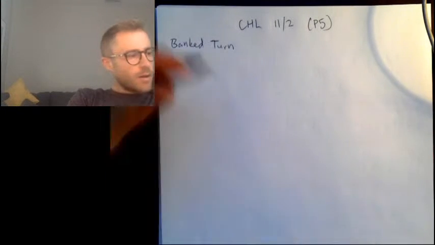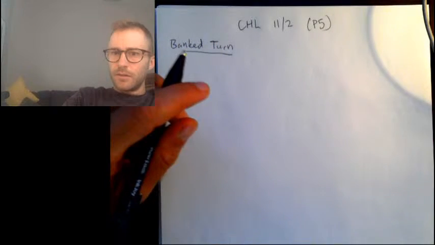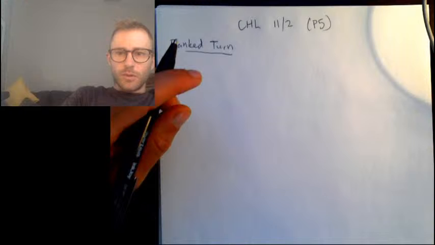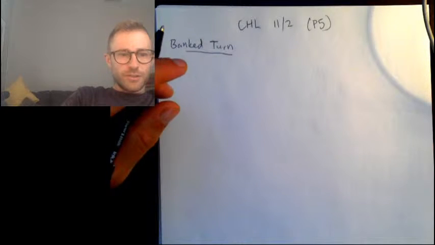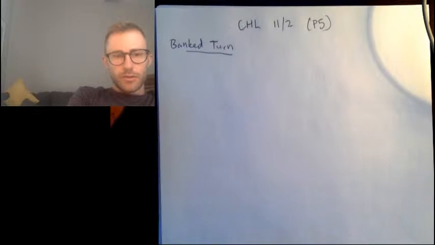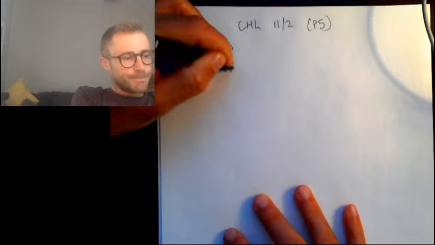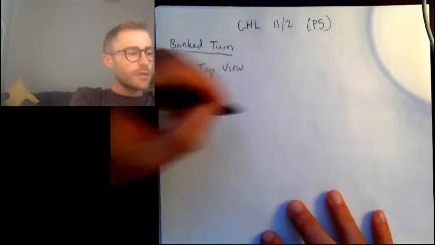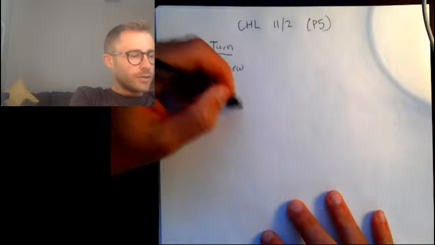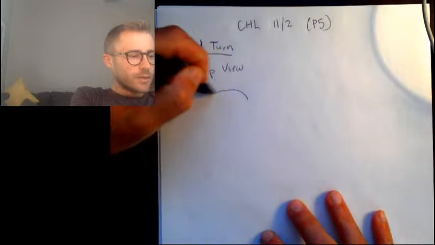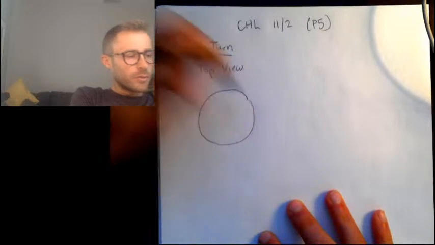Okay. So what does a banked turn look like? We can draw a banked turn from a top view. From a top view, it just looks like regular circular motion.